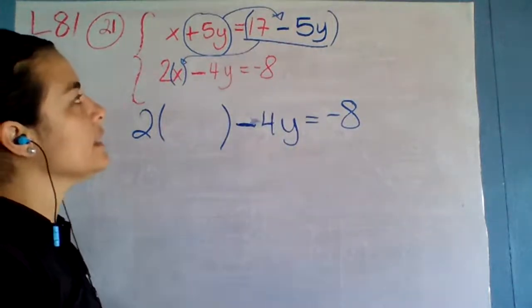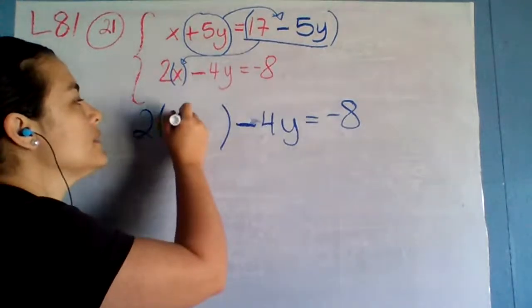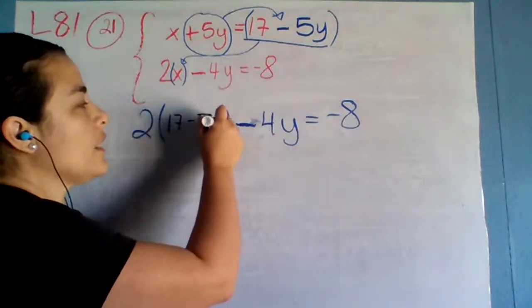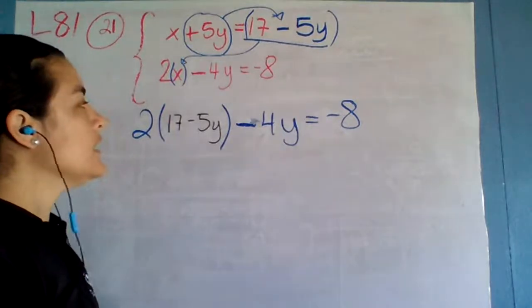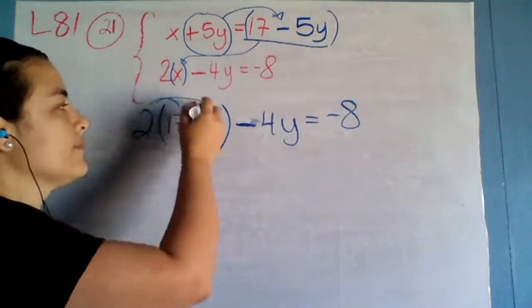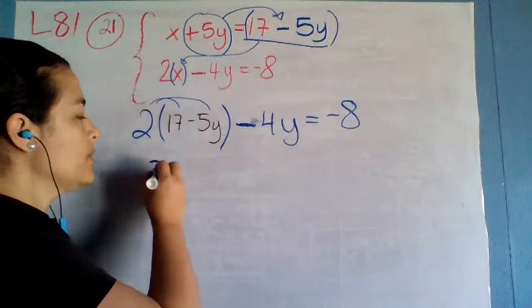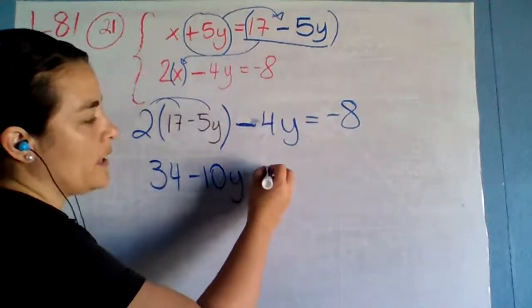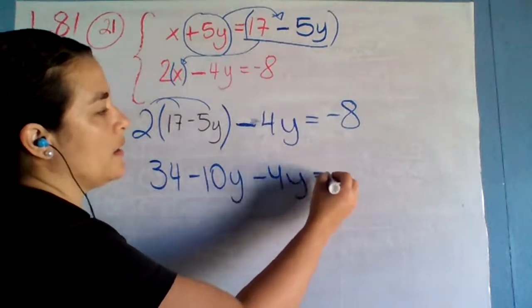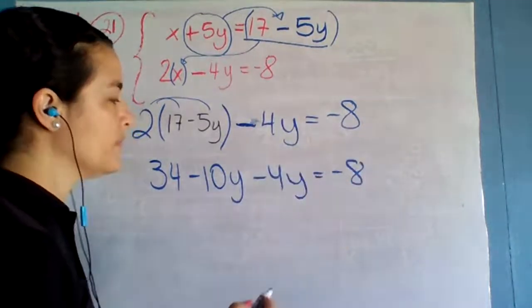So let's do it like that: 17 minus 5y. All right? And then we just do a distributive property, which would be 34 minus 10y minus 4y equals negative 8.